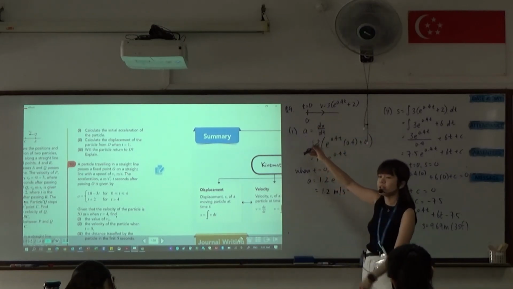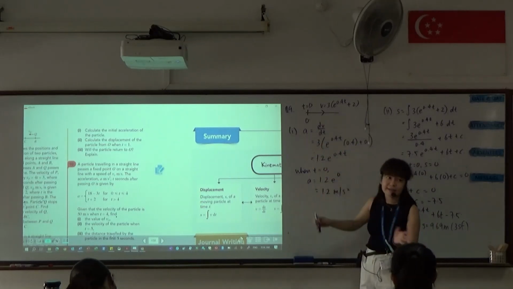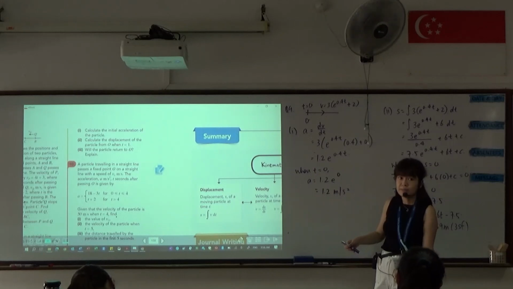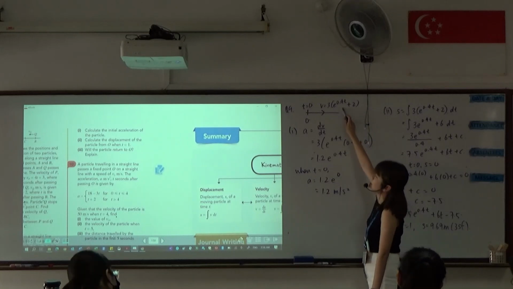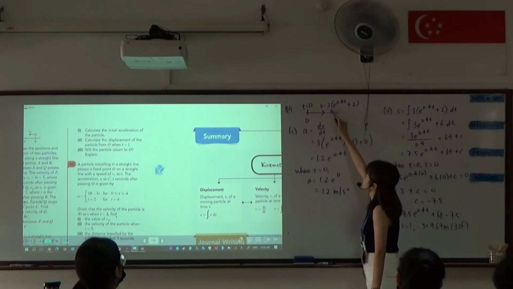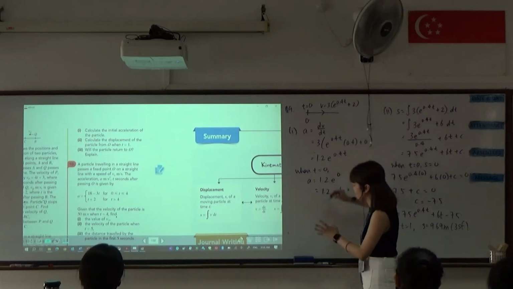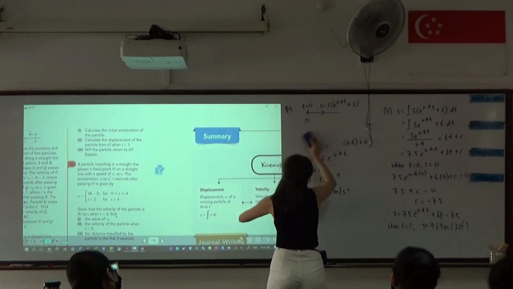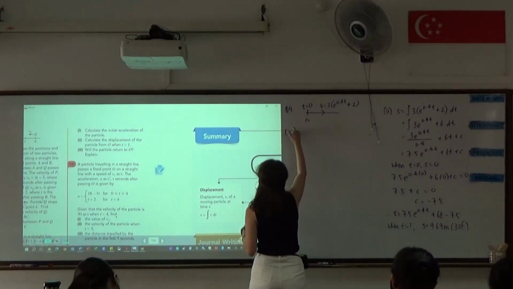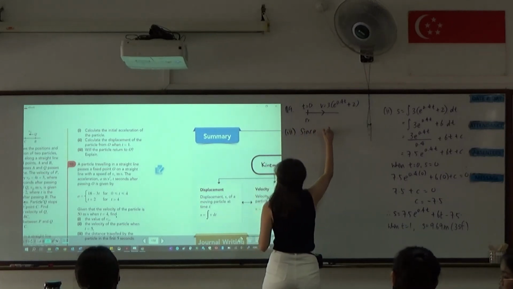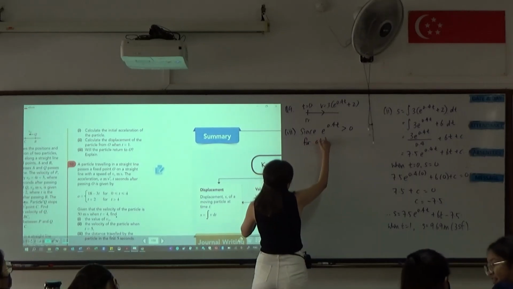So we can check whether there's any turn or not, because if there is no turn, then there's no chance to return to O. Looking at this expression itself, in order to have a turn, this must equal 0. But without even going to find that value of t, observing the expression itself, we know that an exponential function will always be more than 0 for all real values of t.